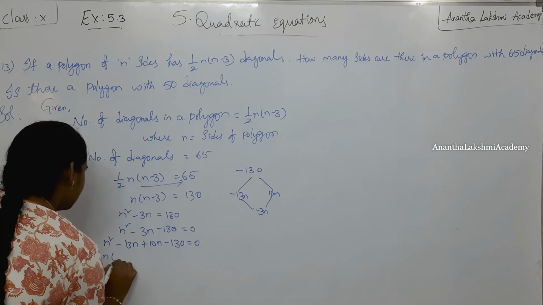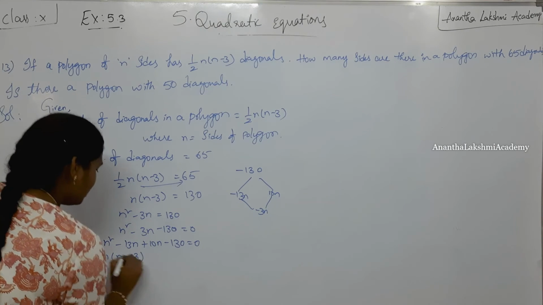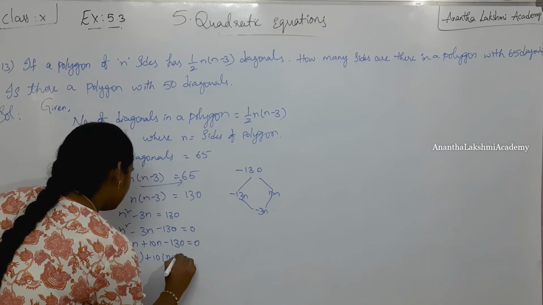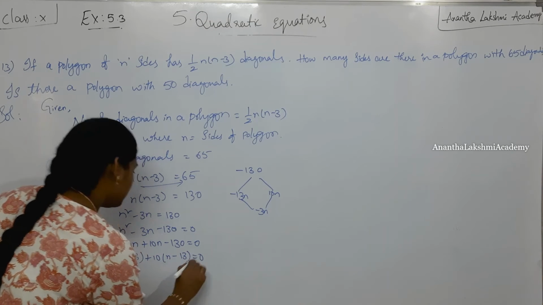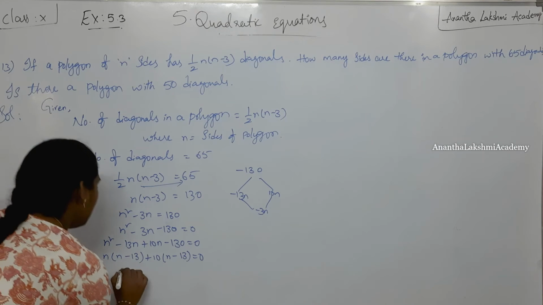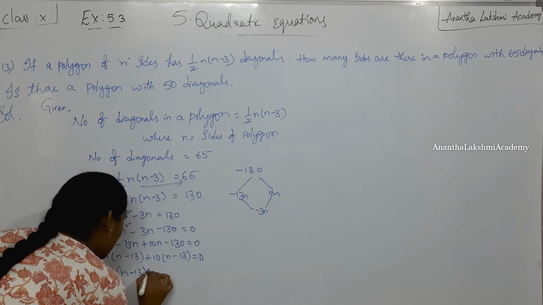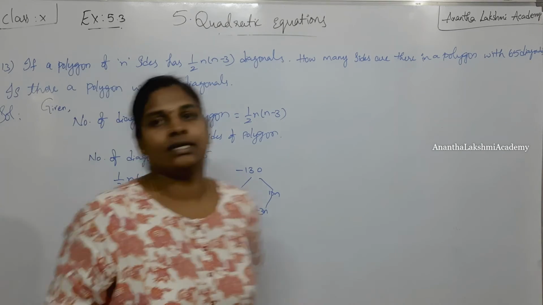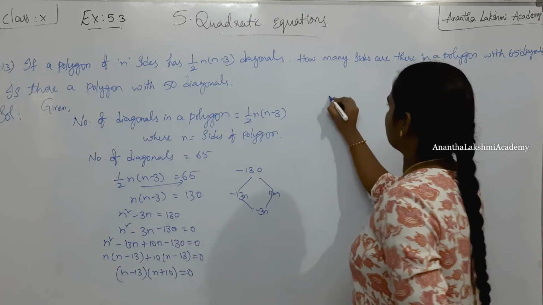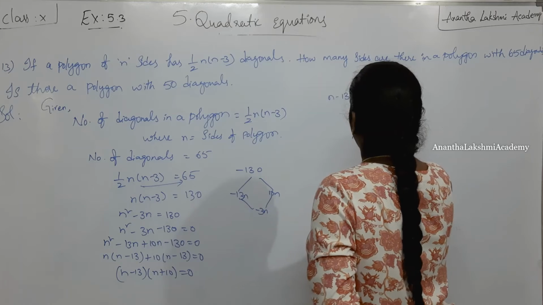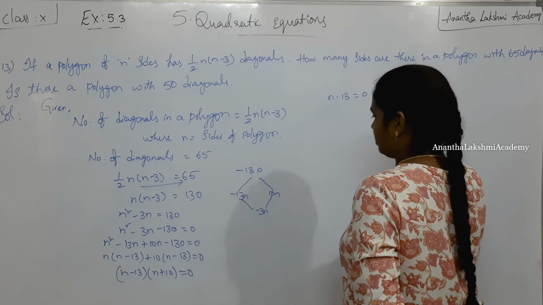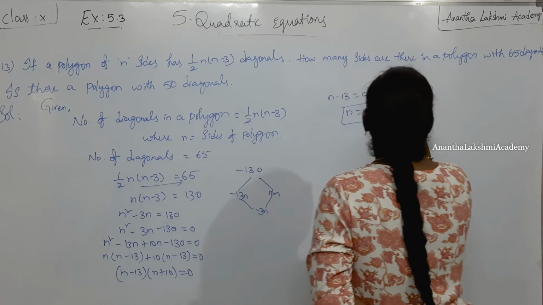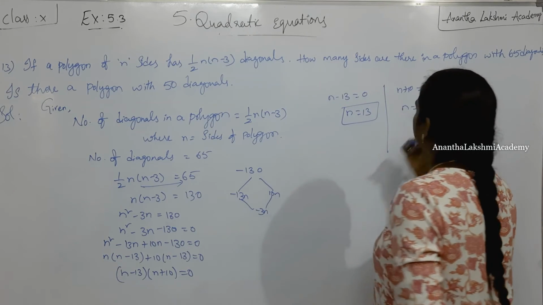That way, taking n common, it becomes n into n minus 13 plus 10 taken common into n minus 13 is equal to 0. So this is going to be n minus 13 into n plus 10 is equal to 0. Now how do we do this? n minus 13 is equal to 0 or n plus 10 is equal to 0. n is equal to 13 or n is equal to minus 10.